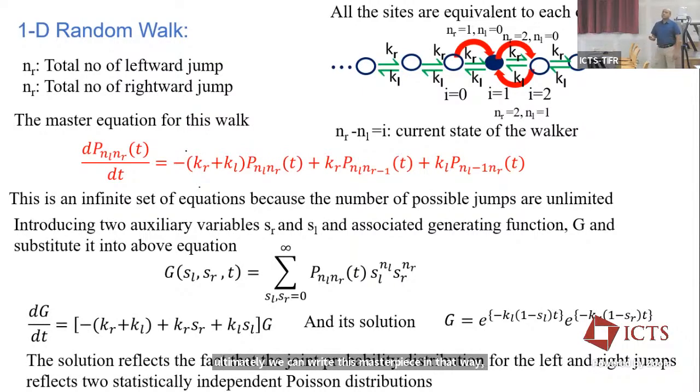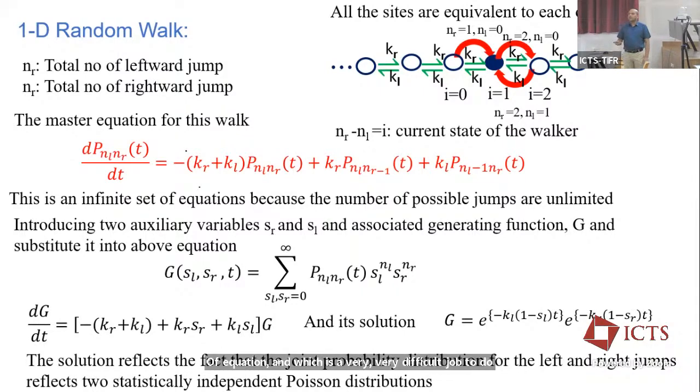You see that this is an infinite dimensional problem. You can imagine the lattice can have an infinite number of points. To describe this process, you would need an infinite number of such equations, which is a very difficult job to do.